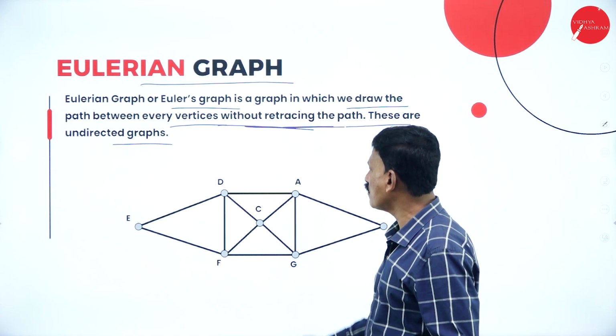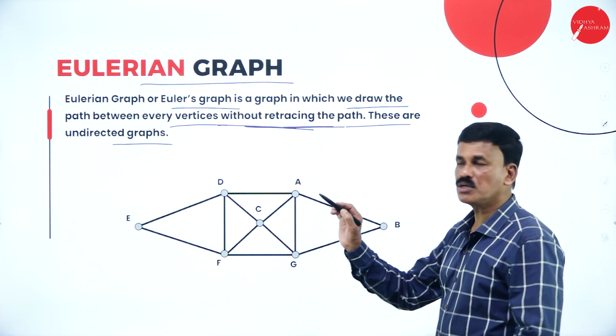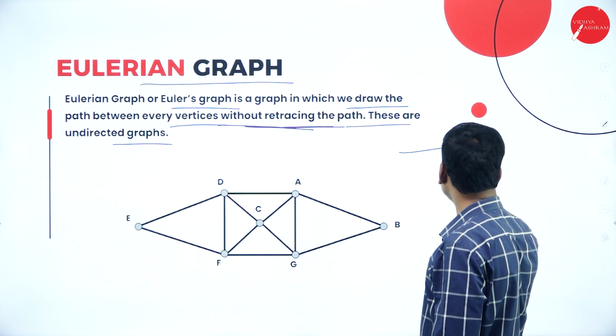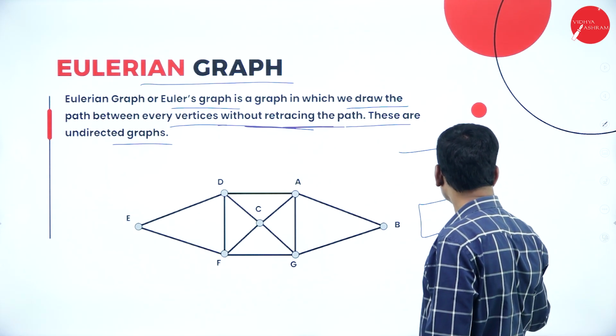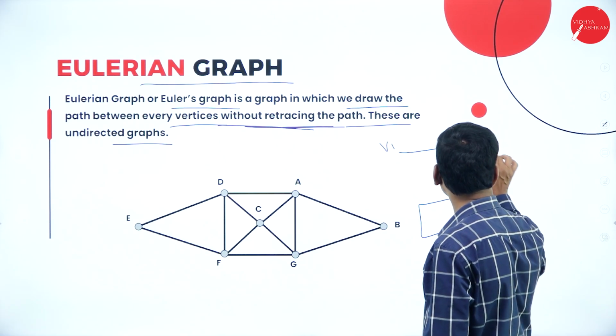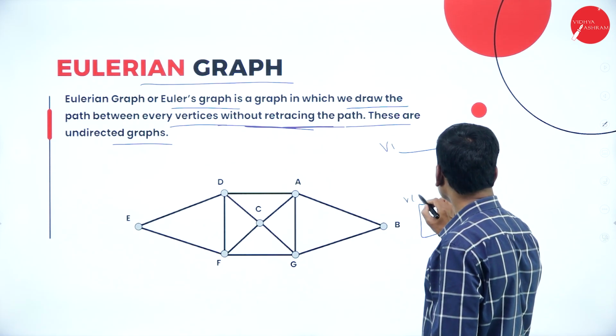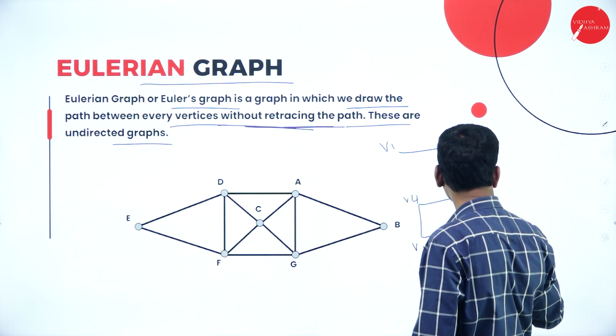Now let me explain with a small example. Let us start with V1: V1, V2, V3, V4, V5, V6.